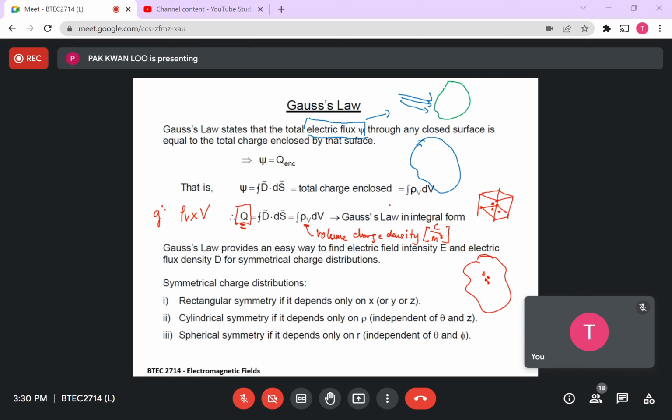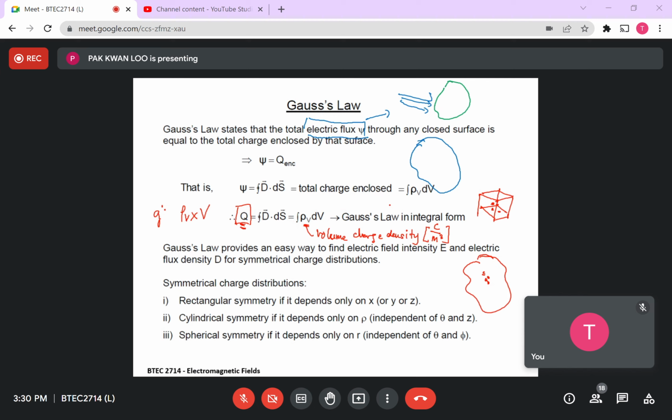In the subsequent examples that you will be exposed to, all the charge distributions are going to be symmetrical. And you will ask, what about if it is not symmetrical?